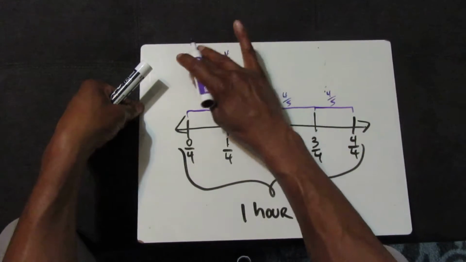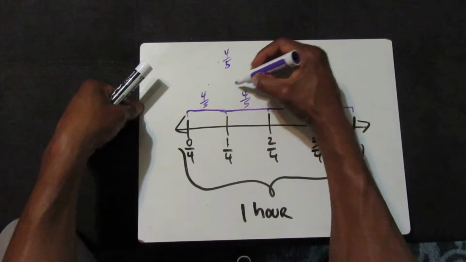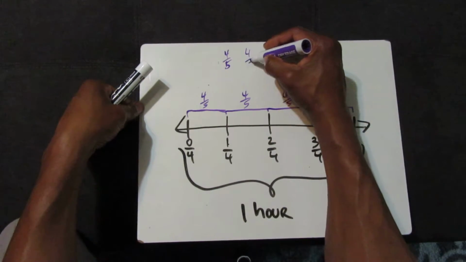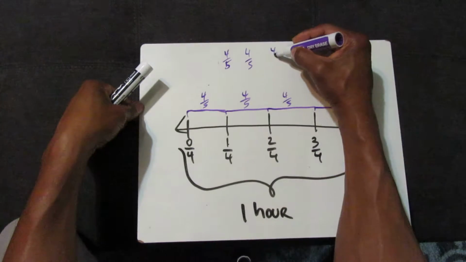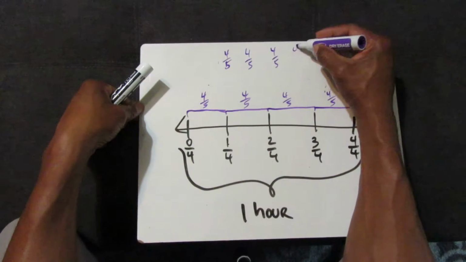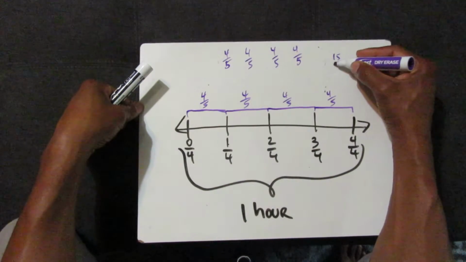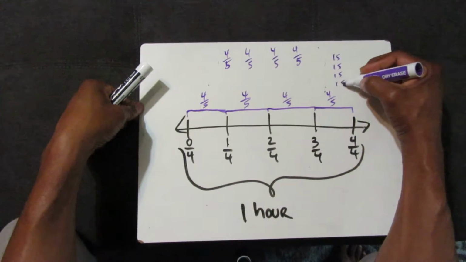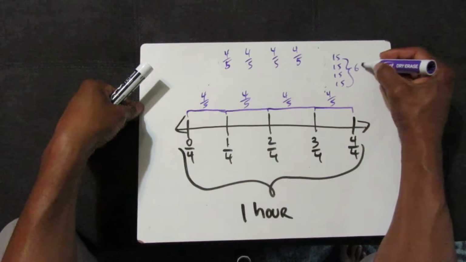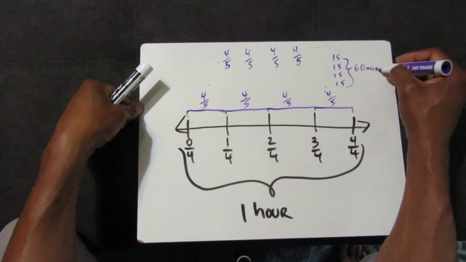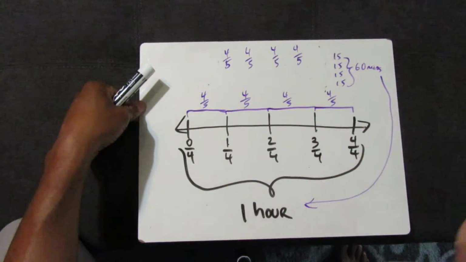Then another 15 minutes, 4/5. Another 15 minutes, 4/5. Another 15 minutes, 4/5. And if you don't know by now, 15 minutes four times is 60 minutes, or you guessed it, 1 hour.